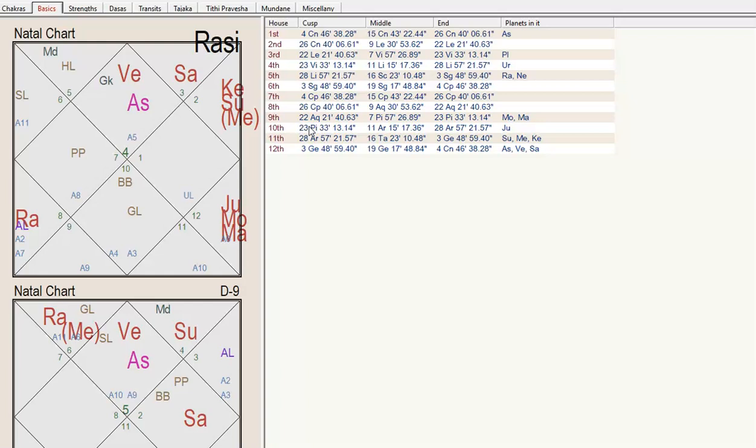We already looked at the marriage houses, that's fine. But this is going to make a very interesting distinction here. So even though we see Venus here in the first house, where it sits in relation to different points such as the Earth or the nakshatras, etc., this is dividing it and placing Venus in the 12th house.